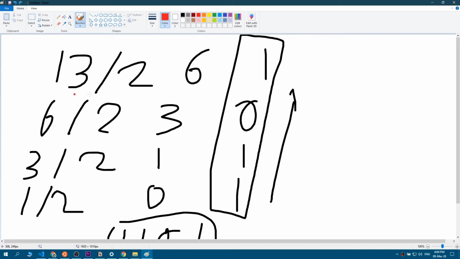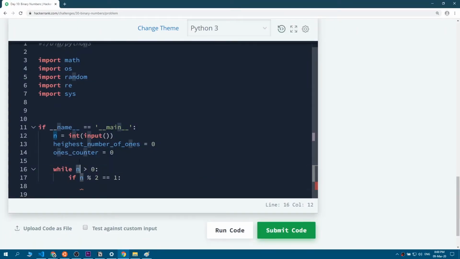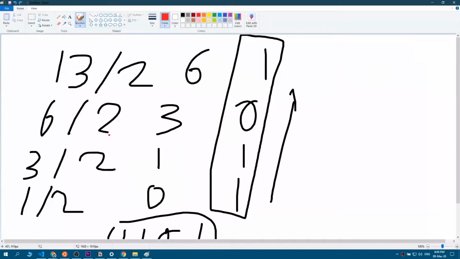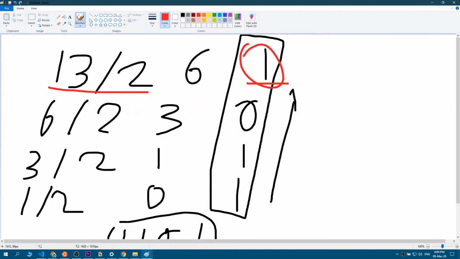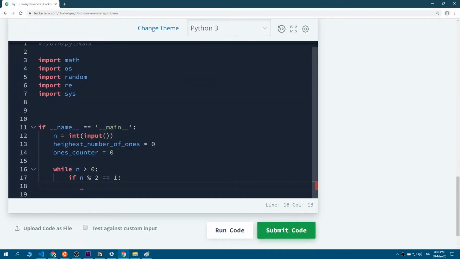So we would say here, if n was 13, we say 13 divided by 2, the remaining is 1. If it's 1, that means it's 1. So what we would do is increase the ones counter by saying ones counter equals ones counter plus 1.